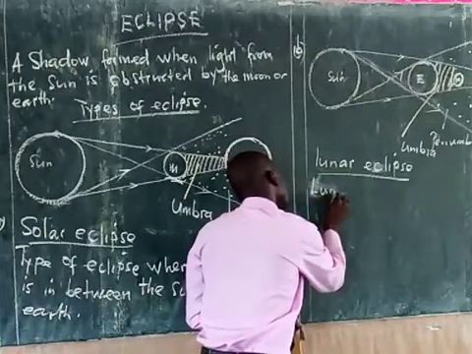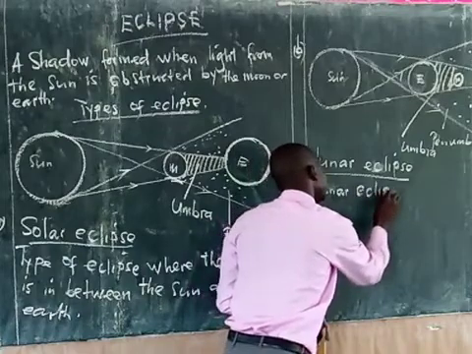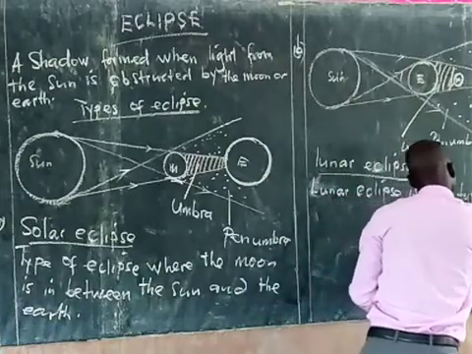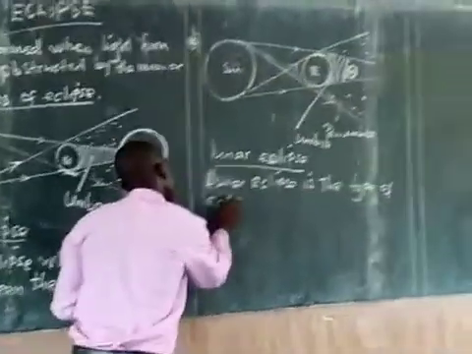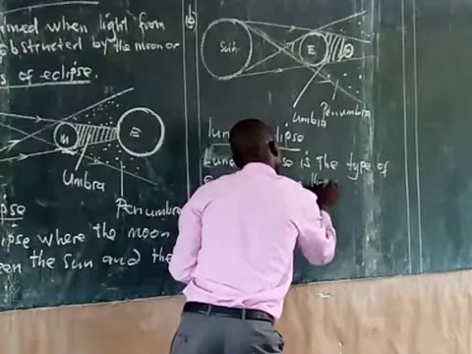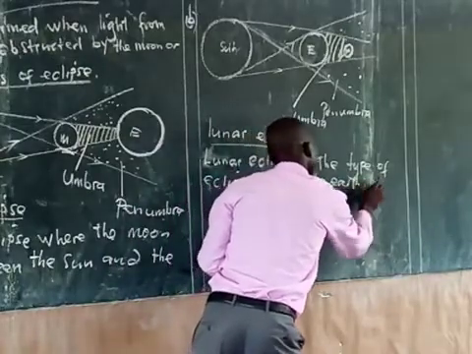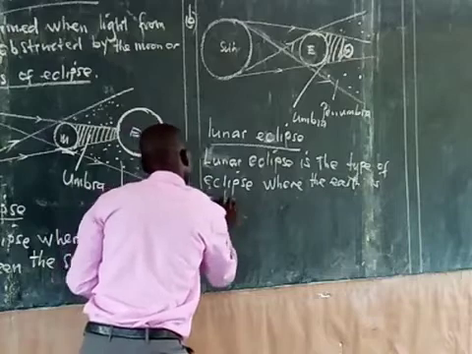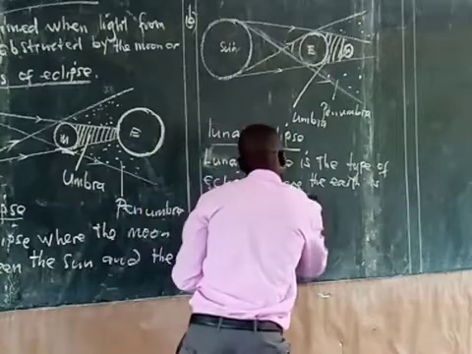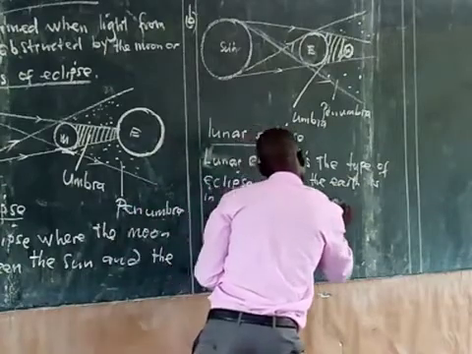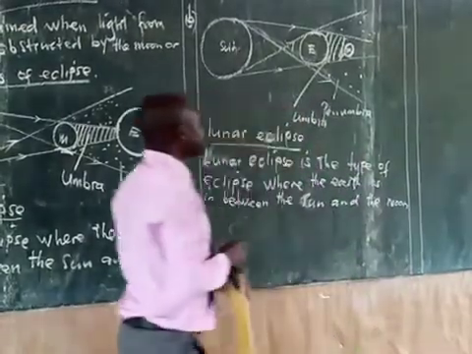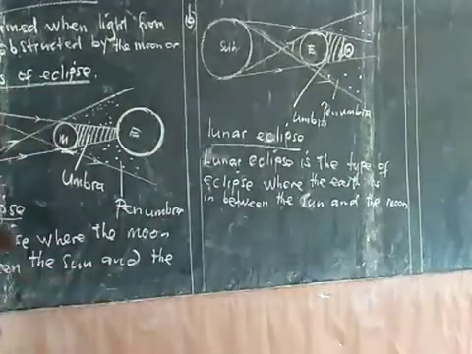Lunar eclipse is the type of eclipse where the earth is in between the sun and the moon. So that is what we call lunar eclipse.